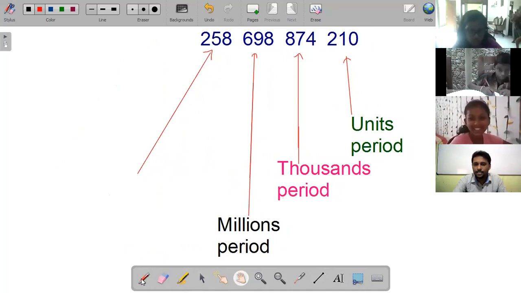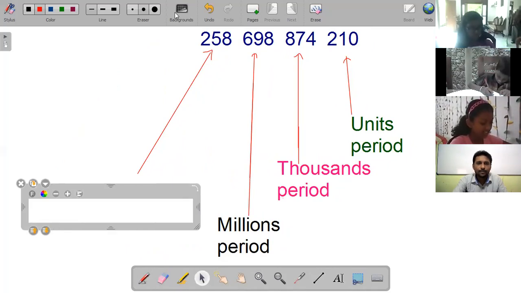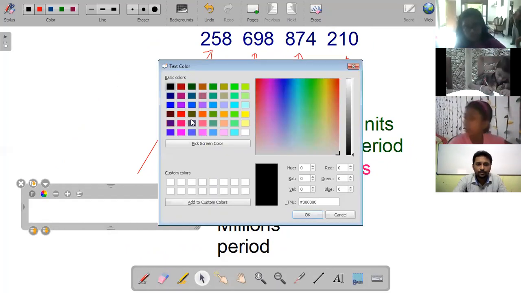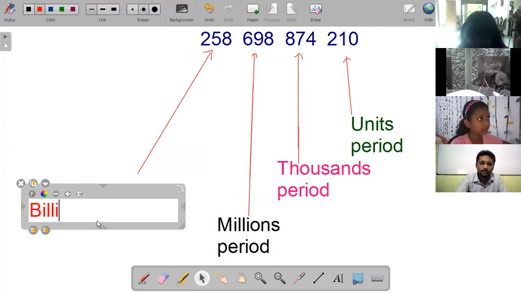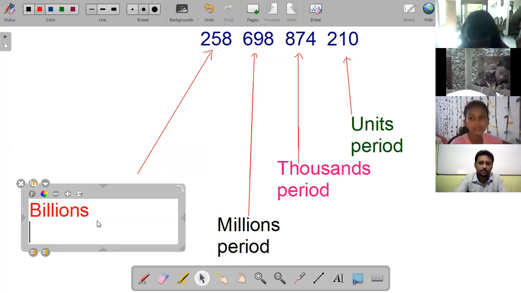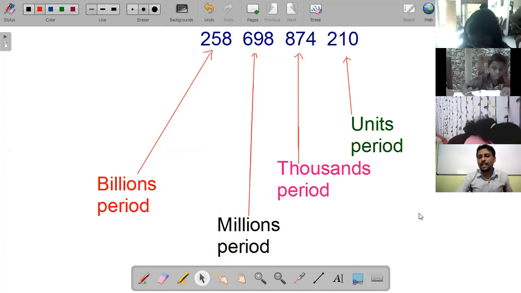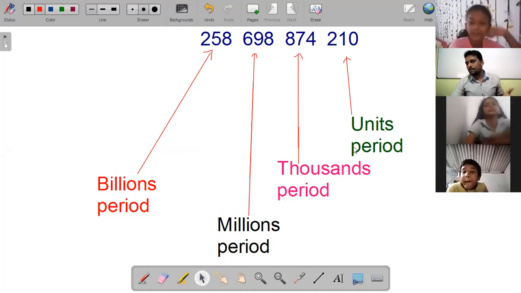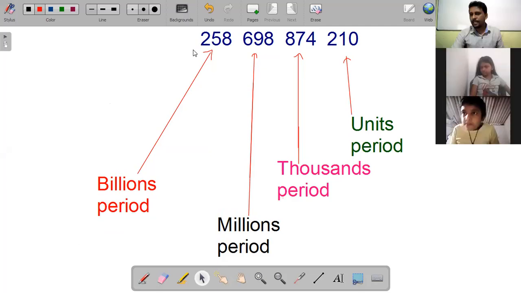Okay, billions period. Billions period, right? Those are the four period names. Sometimes the number can be seen with only two periods, sometimes three periods, sometimes four periods, right?